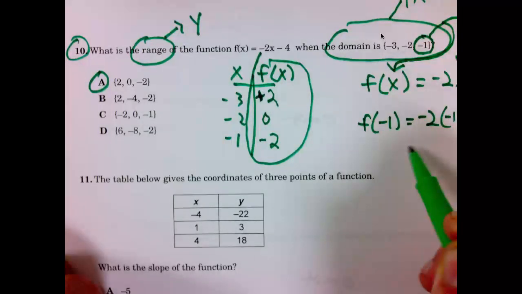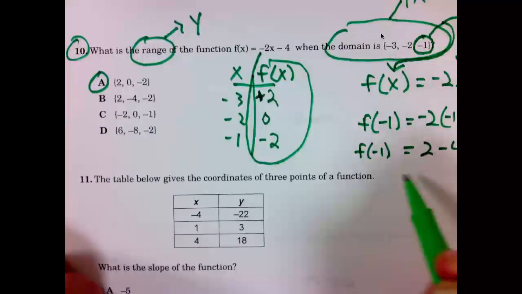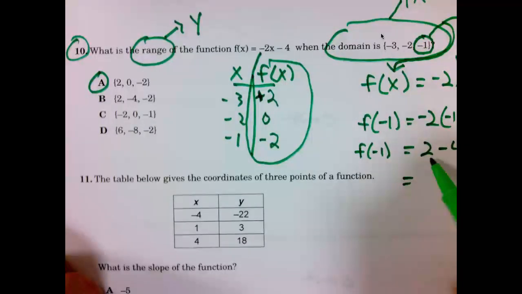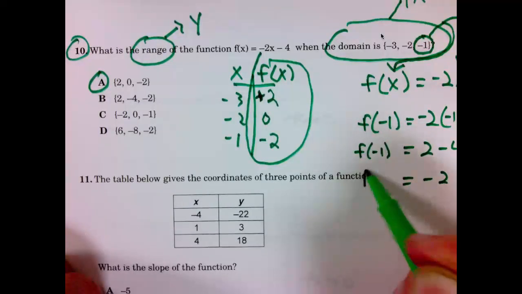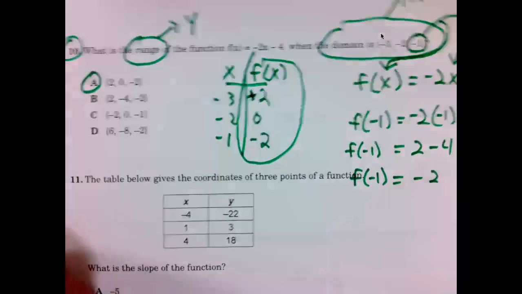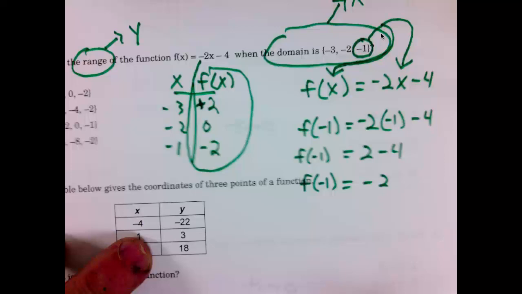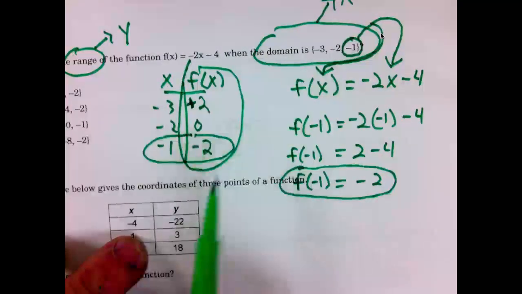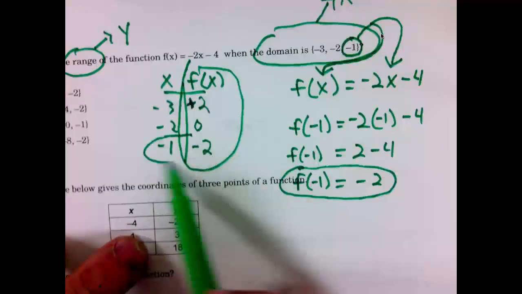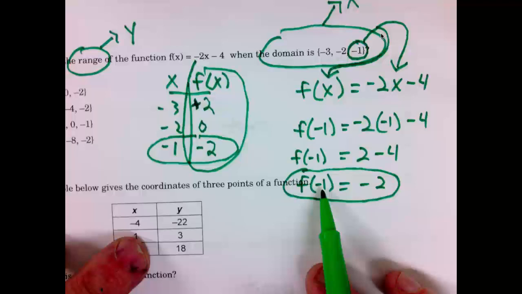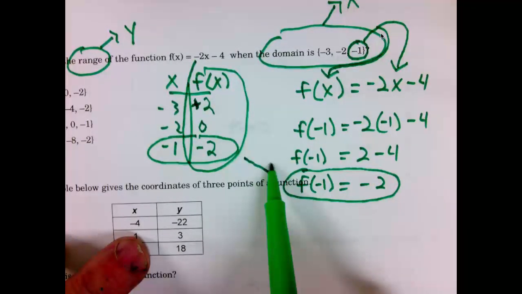F of negative 1. Negative 2 times negative 1 is a positive 2. Positive 2 minus 4. Well, 2 minus 4 is negative 2. We say that f of negative 1 is equal to negative 2. This is analogous to this point. Here we see negative 1 pairs with negative 2. When x is negative 1, the function value is negative 2. These two statements are the same.